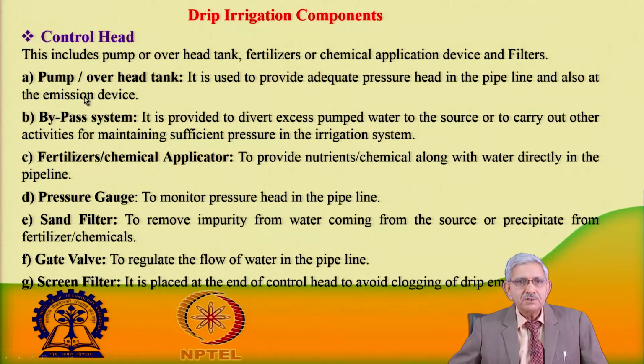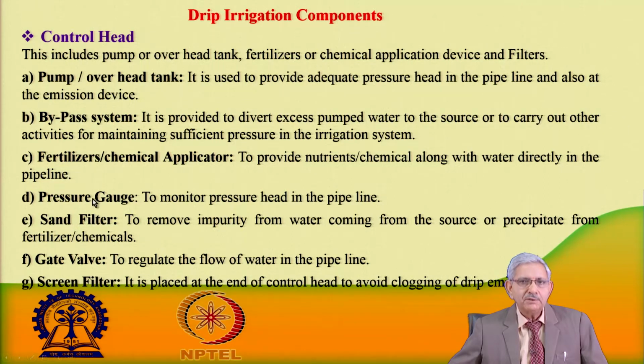Then the bypass system is also one of the components. When the water pumped by the pump is in excess, part of this water can be diverted so that the adequate quantity of water goes to the system. Then the fertilizer or chemical injection unit, as the name says, is an applicator.